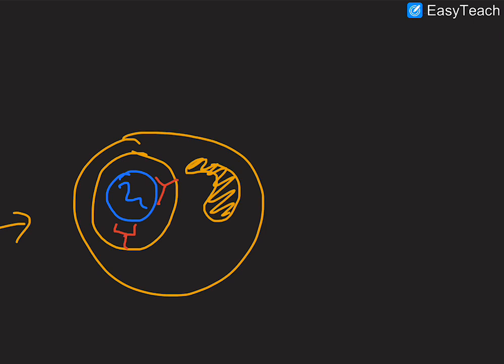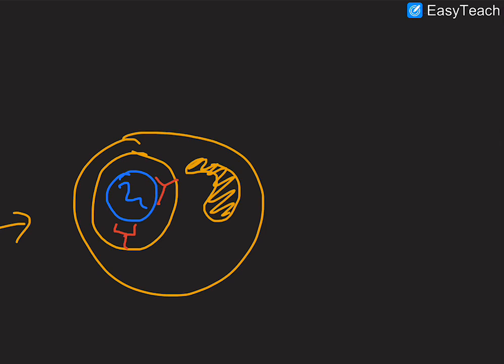What's going to happen is this single-stranded RNA will get exposed to these toll-like receptors on the inside of the endosome. But we have to remember that for the single-stranded RNA to get exposed, we have to break down this covering, the capsid.